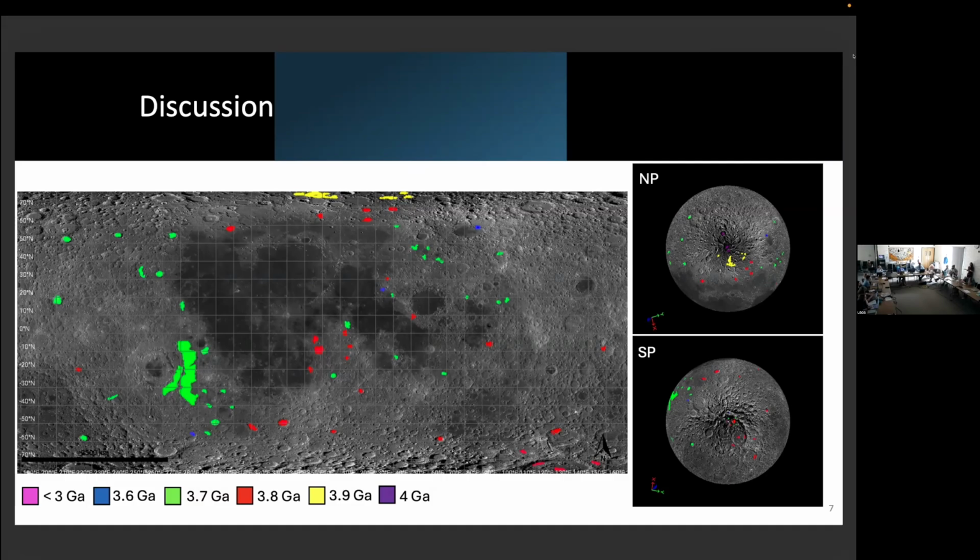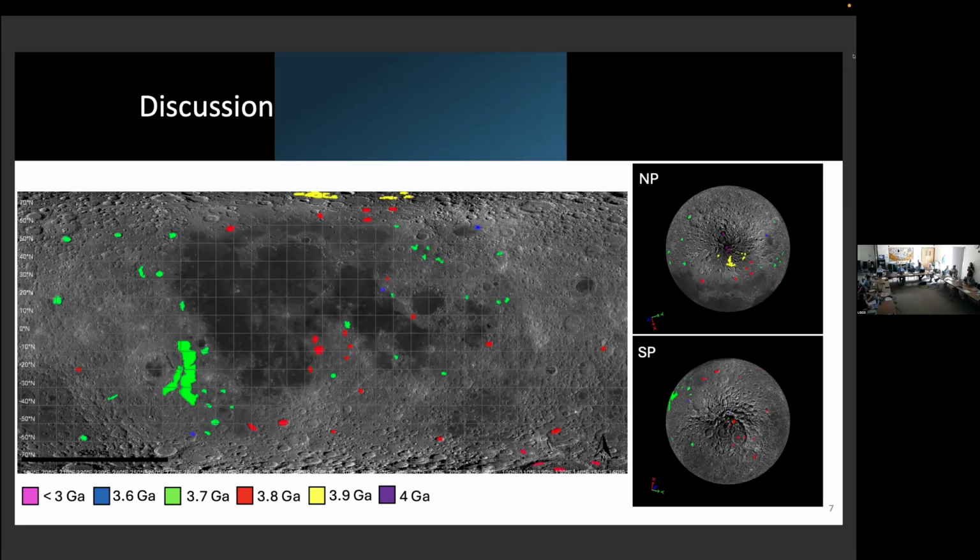So which one is it? Well, I don't know. But I simply point out that if the Imbrium is 3.92, there aren't any. But if the Imbrium was 3.85, then, which are all of these planes in red, we can clearly see that the Imbrium would have affected most of the near side, if not even extending to the south polar.